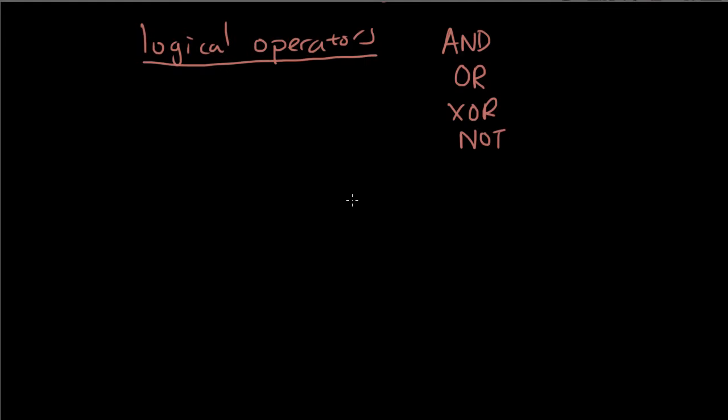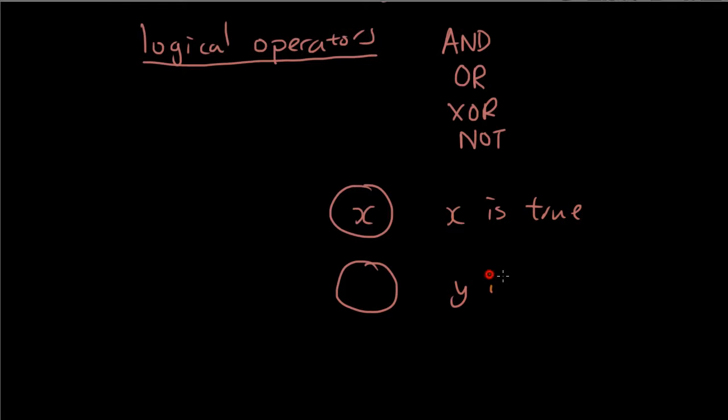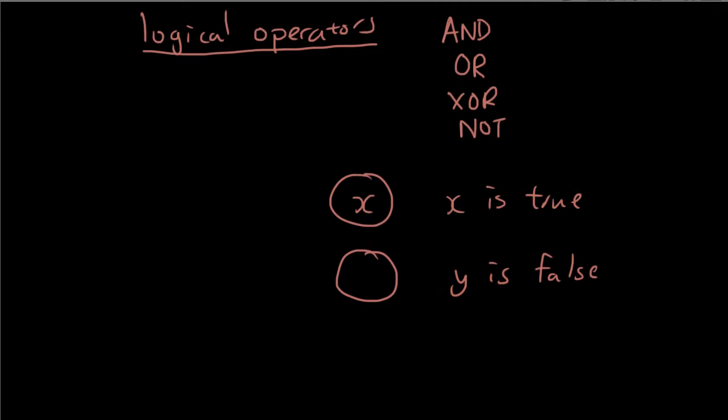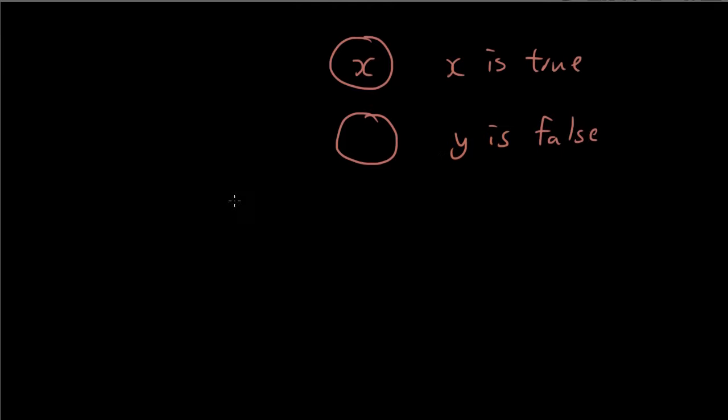All right, so let's just draw the possible operation. I have x there and I have nothing here. So that means x is true and y is false because it doesn't exist. Does not exist means false. So now let's talk about what happens when we do x or y.